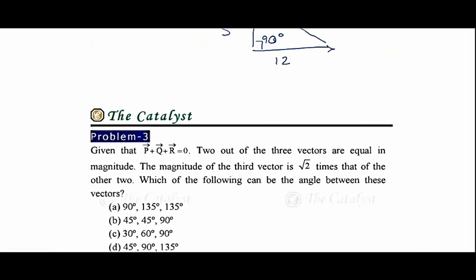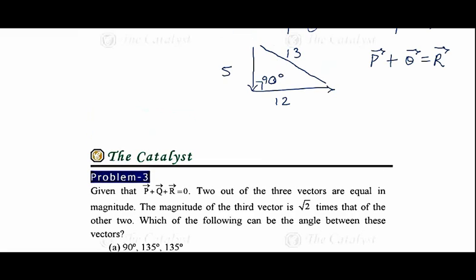We know that, let us say Q is starting from here, this is vector Q, tail of Q to the head of Q, right? This is vector Q. Tail of P, this is vector P, right? To head of P. Now if you join the tail of Q with the head of P, you will get Q plus P, which is equal to P plus Q, right? So this will be your vector R, right?